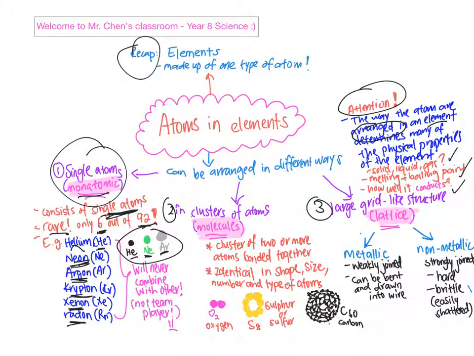These are their short symbols. Helium is H followed by a small e. Neon is capital N and e. Argon is Ar, krypton is Kr, xenon is Xe, and radon is Rn.